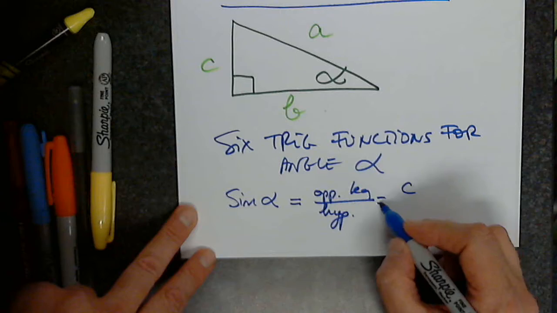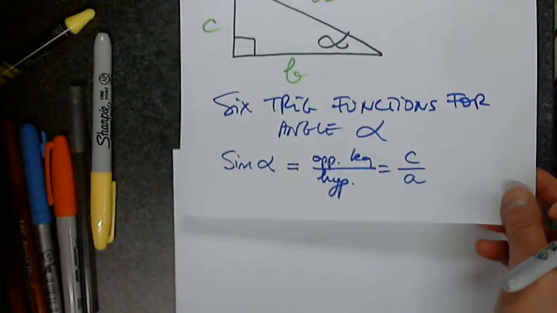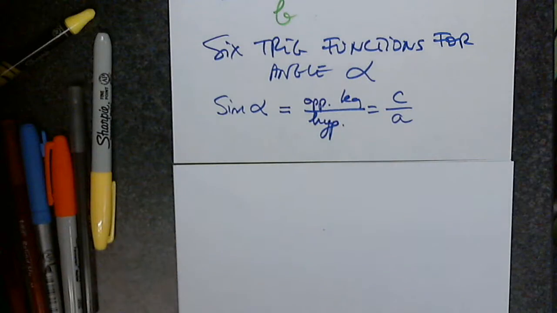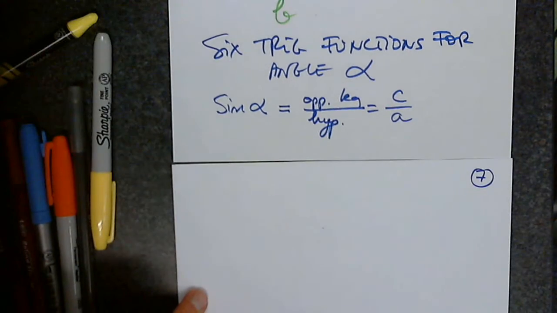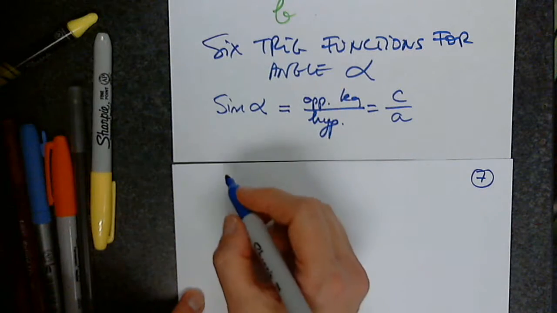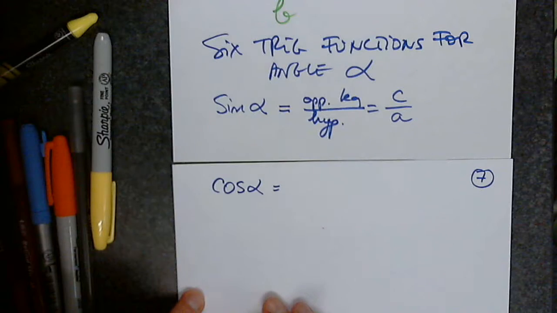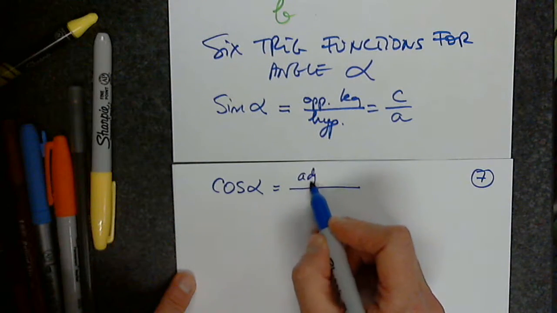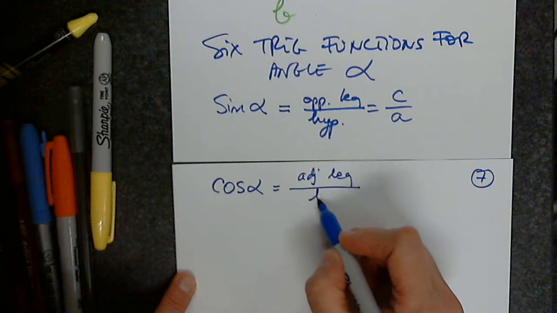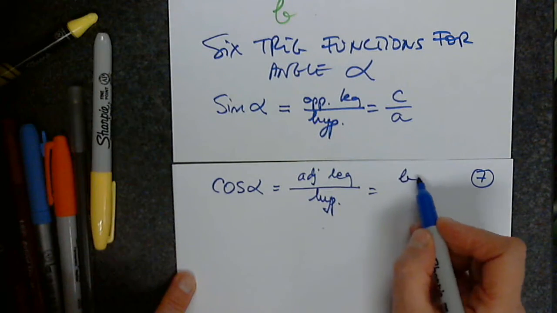That is C divided by A. The second trig function is cosine alpha, which by definition is adjacent leg over the hypotenuse, which is B over A.